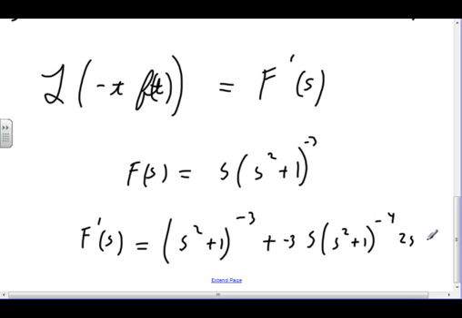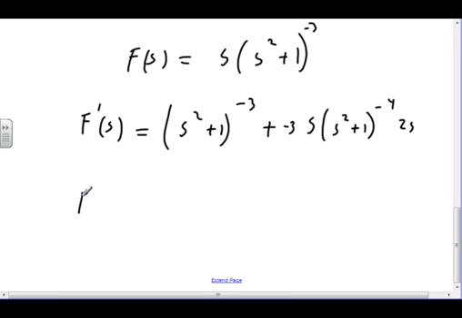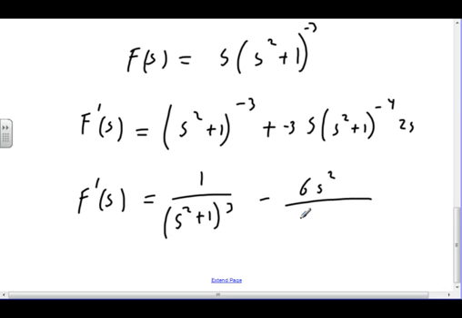Okay, so f prime of s is 1 over s squared plus 1 cubed minus 6s squared over s squared plus 1 to the 4th.